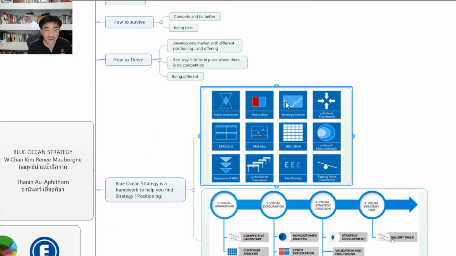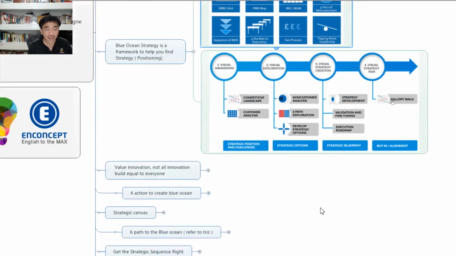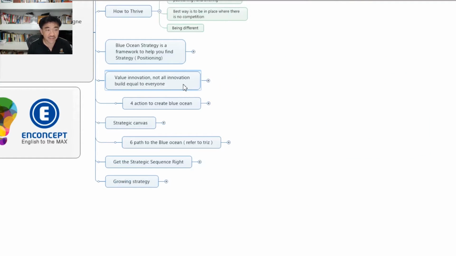The framework consists of around 12 things inside, and you walk through the process using this framework. So I will introduce the important frameworks here, so you can use them in your own business too.